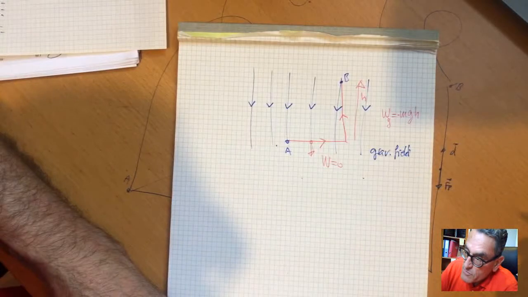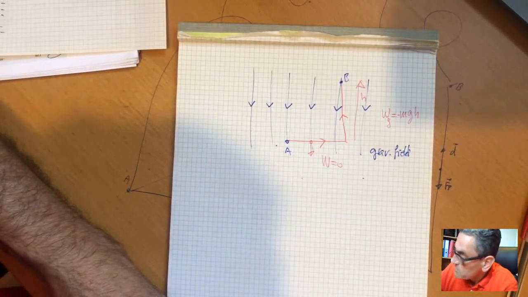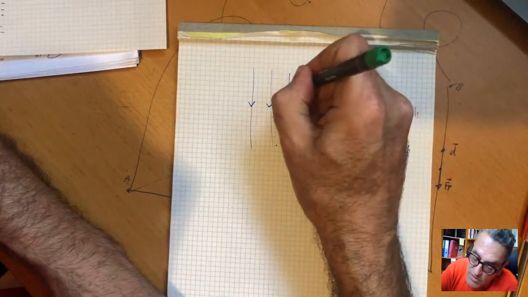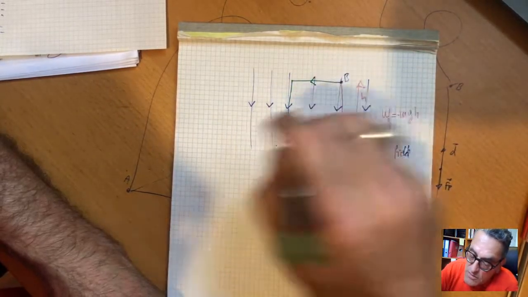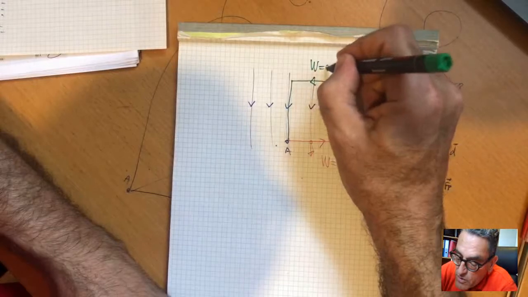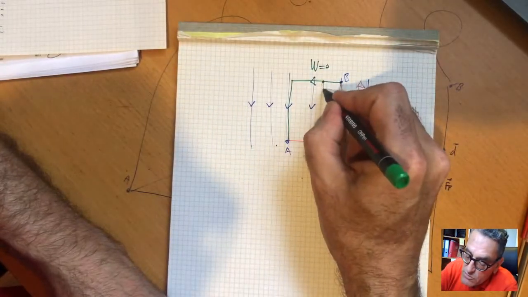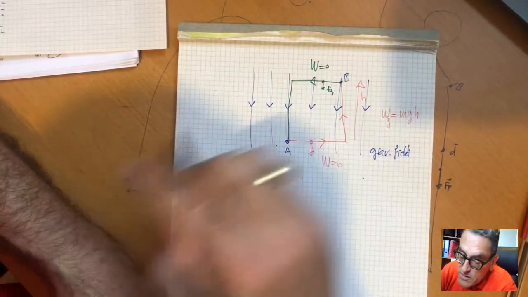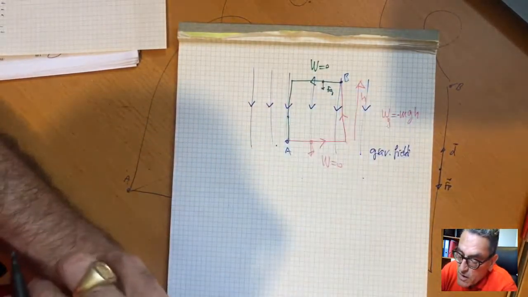Now let's go down. You want to follow the same path or another one? It's the same. Okay, let's use another path, this path here to go back down. Here we are going to have 0 work because the gravitational force is perpendicular to the displacement, but down here we will have work.